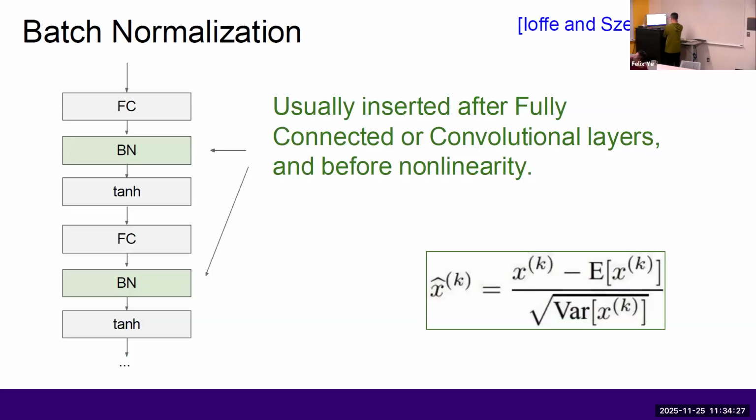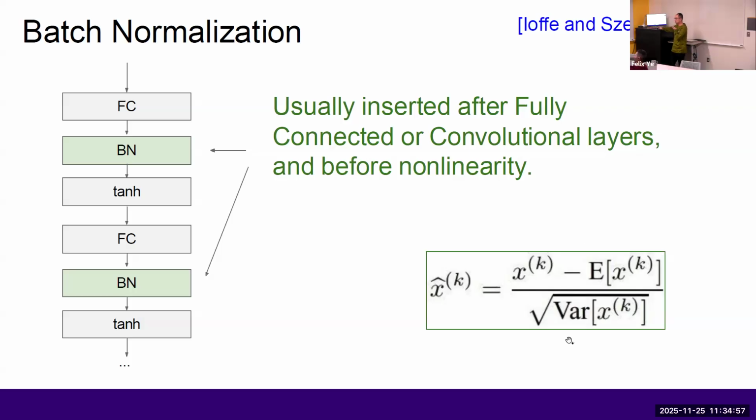So previously you have FC, fully connected layers, and then you apply the sigmoid or hyperbolic tangent. In between, you insert batch normalization before the activation function. This is just a simple batch normalization.